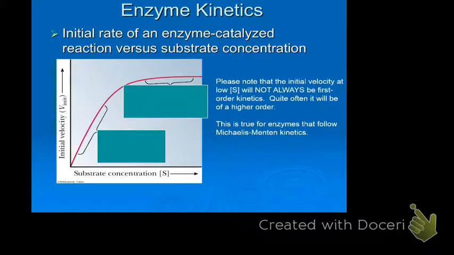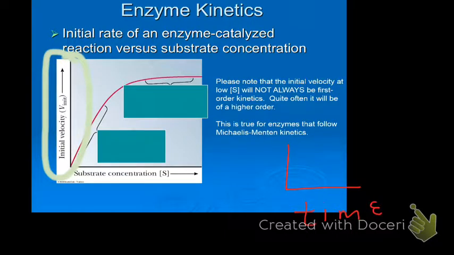So this is just a generic rate. We have some random enzyme, and I want to point out that they use what's called initial velocity. If we think about time, and the amount of product, which is how you find velocity, velocity is the change in product with respect to time.